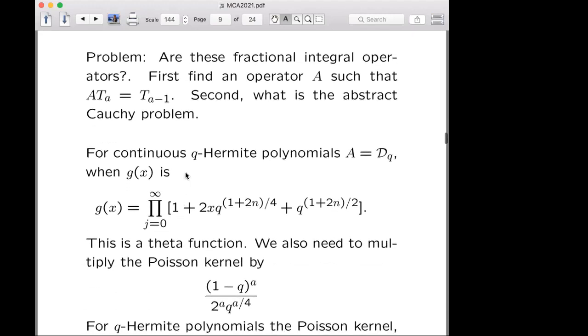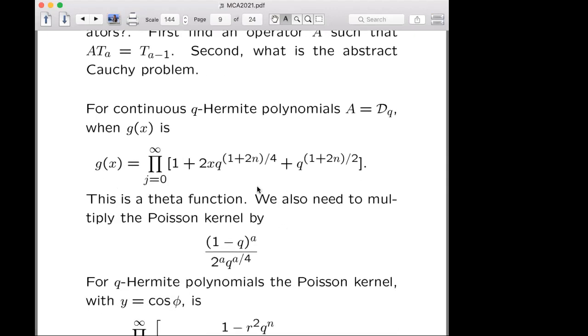Okay, so for the continuous q-Hermite, we took A to be the Askey-Wilson operator, and the g that we chose was this function. This is like half a theta function. Or sorry, rather, if I take a product of two such things, I get a theta function. So it has some very tricky structure.